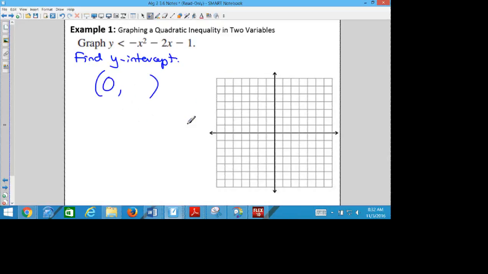What did I just do? Plug in 0 for x. That's how you find the y-intercept. So in this form, it is easy. It's just the c value. We'll go ahead to the graph and graph it.